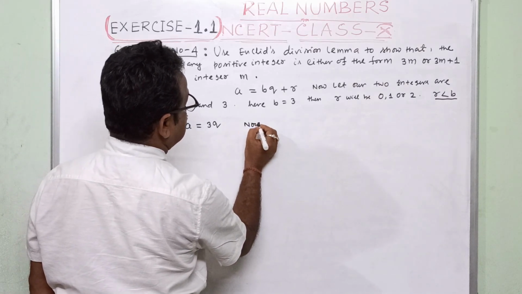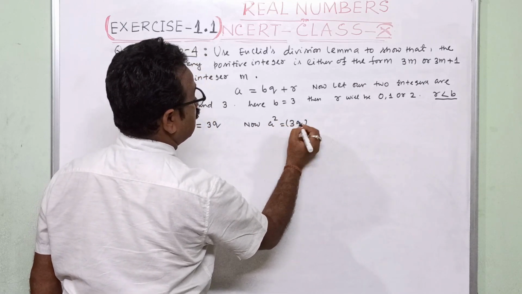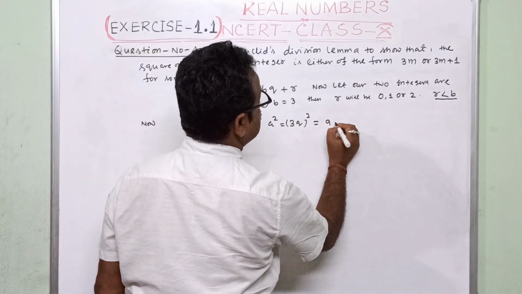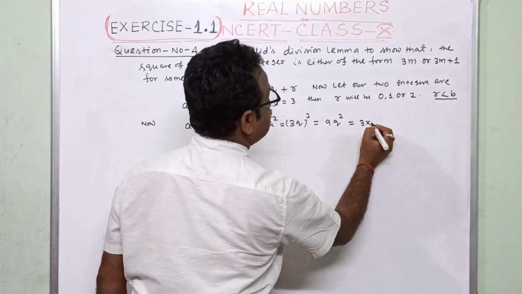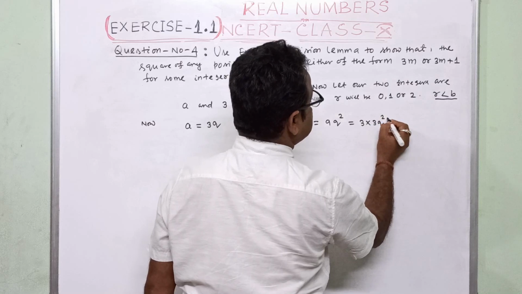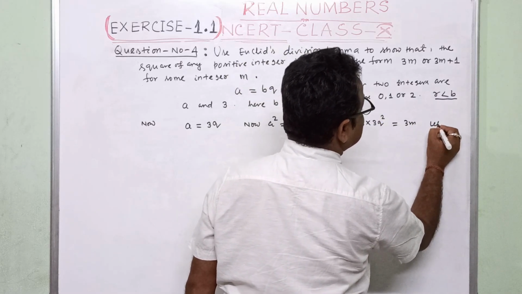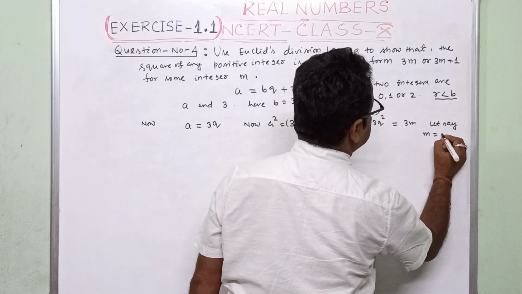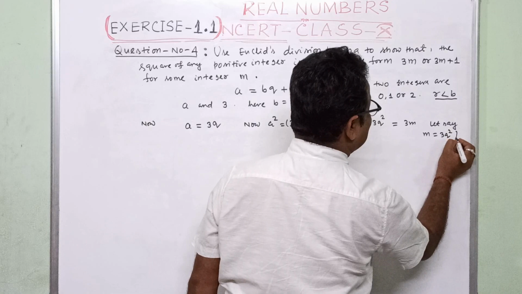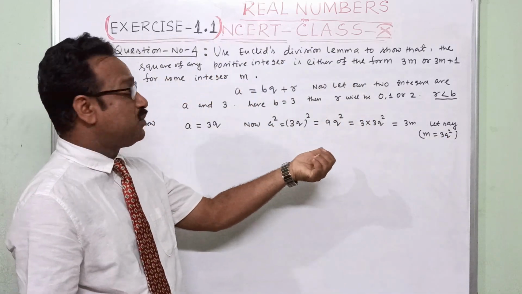Now a square is equal to 3q whole square, which is equal to 9q square, which is equal to 3 into 3q square. Let's say it is equal to 3m. Let's say m is equal to 3q square. Let m be some integer.